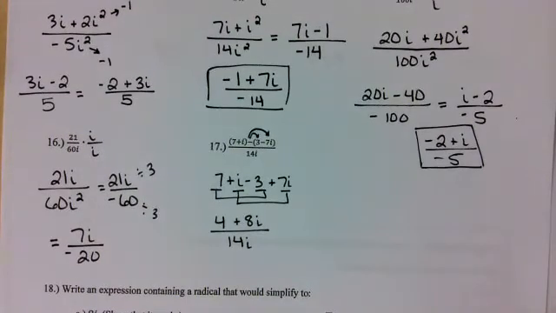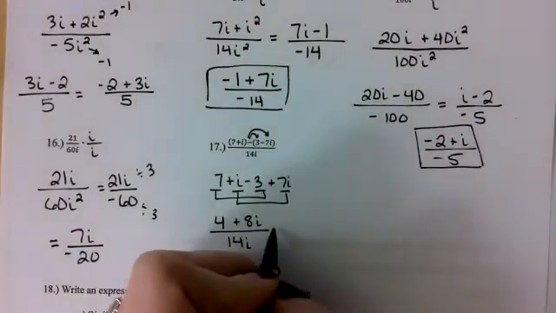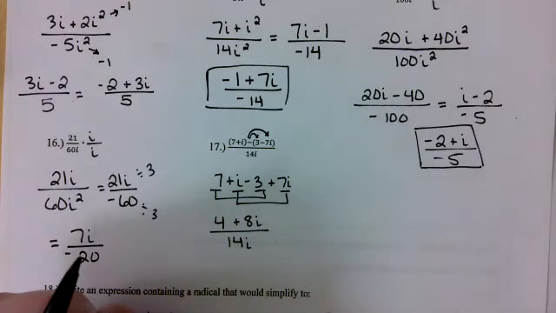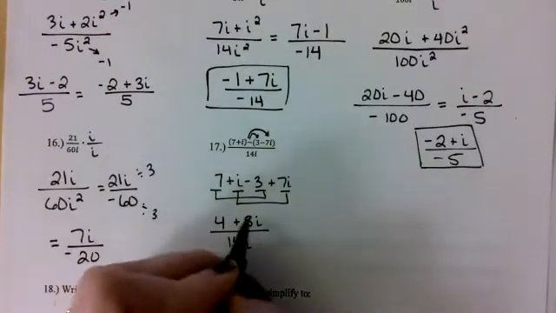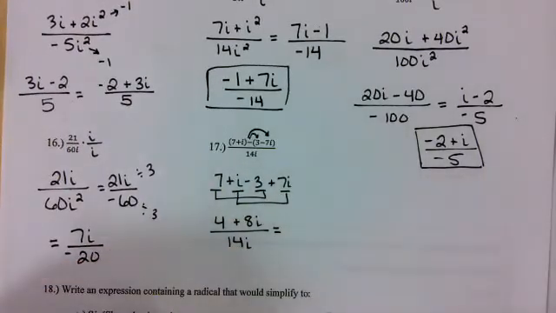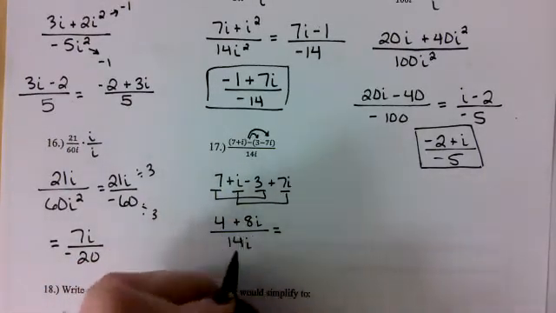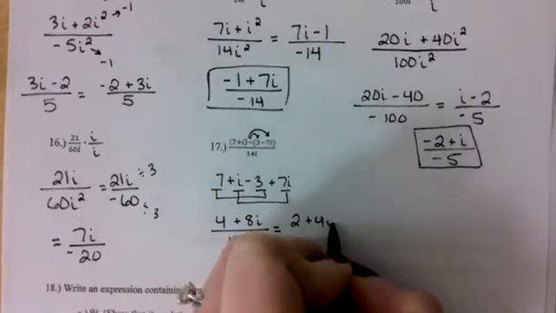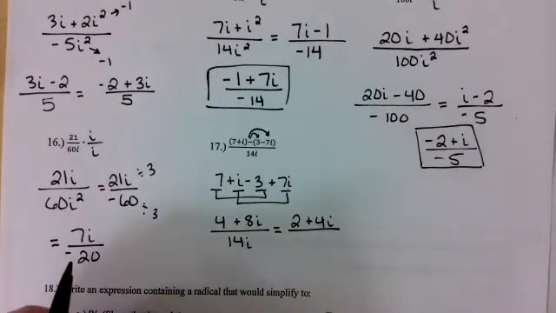So now that I simplified the numerator down a little bit, I can multiply by i over i. Another thing I can do is divide by 2 across the board. So if I want to start by doing that first, I absolutely can. So divide every term by 2. So that way I can work with smaller numbers.